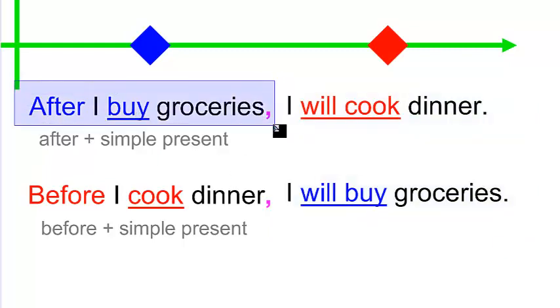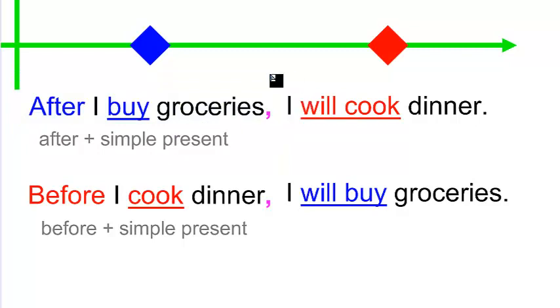After I buy the groceries, simple present, I will cook dinner. Future with will. So that's the way to use it. Don't forget, please, that you have to use a comma. When you start with the words before or after, you have to use a comma in the middle.